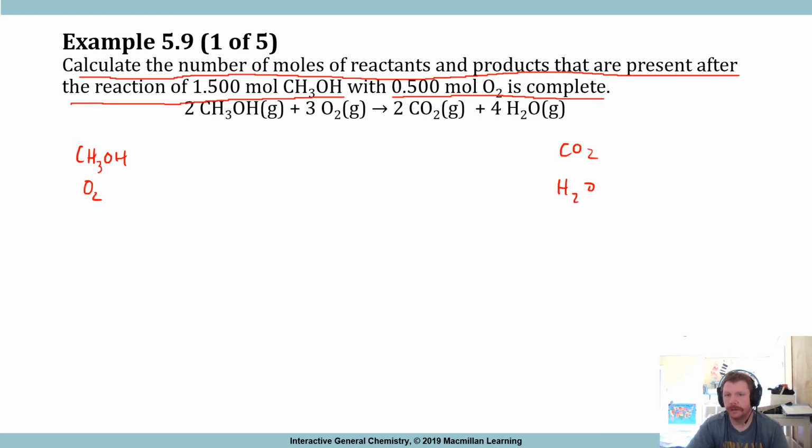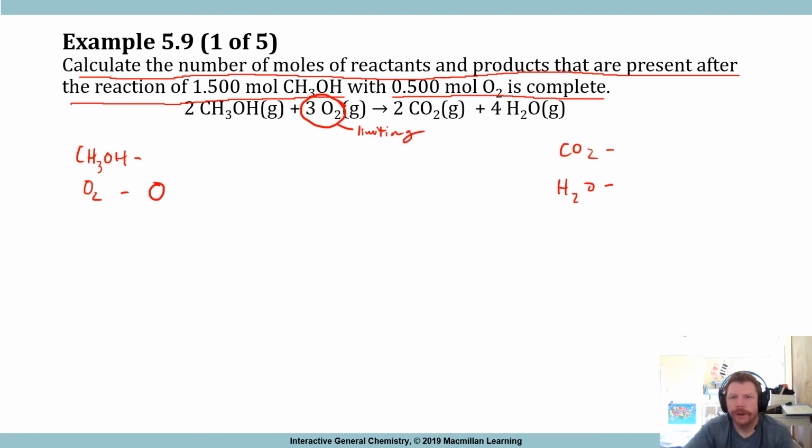We know which is our limiting reactant. Just because these are the same quantities that we were provided with on the last page, we know that O2 is our limiting reactant. Okay, so before I even really get started, I can look at this and say, well, there is no O2 remaining. I can say that because O2 is limiting, meaning that all of it will be consumed.